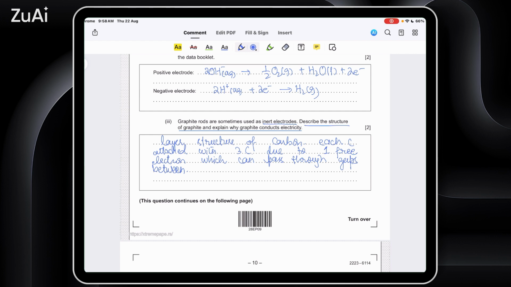So due to that free electron, it conducts electricity. The electron is delocalized.